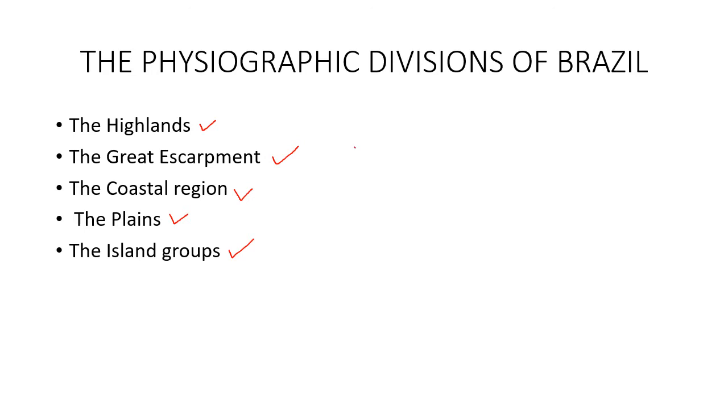If you remember, I talked about the escarpment. An escarpment is a very steep wall-like mountain. I hope you remember this thing. Now children, let's get to know about these divisions in detail.